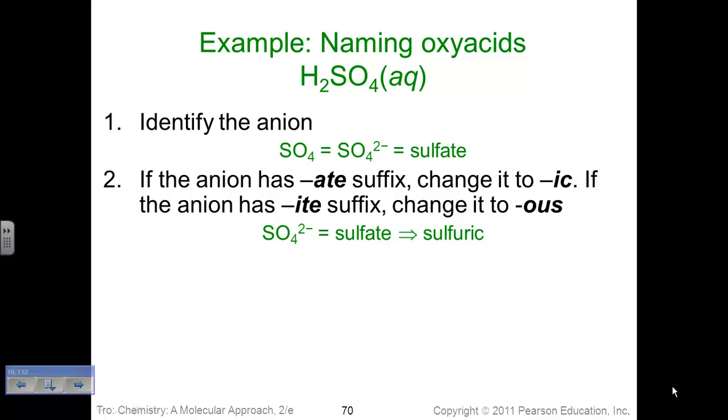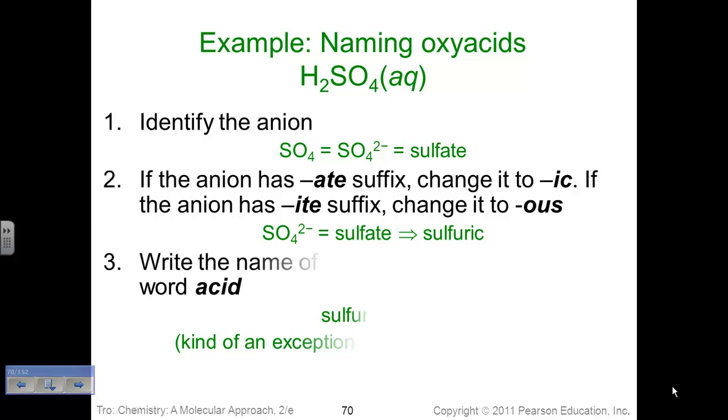Sulfate. Now I know some of us might have been tempted to say sulfic, and that's okay, but eventually it will just sound right to us. We put the last syllable of the element back in for this particular example. The polyatomic ion sulfate, when it's named as an acid, becomes sulfuric acid.